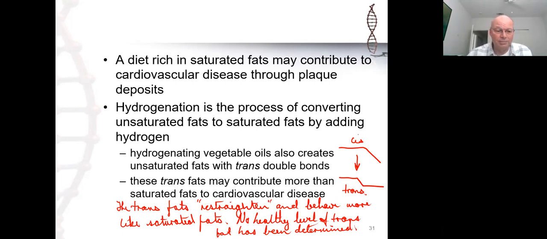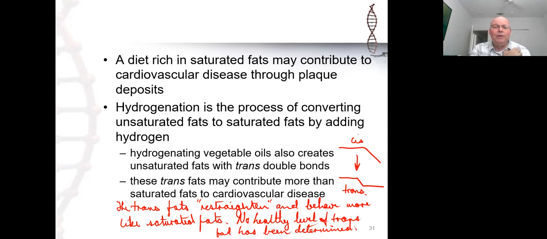You look on the ingredients label, because they cannot disguise the fact that there are modified fats present. You look for the term partially hydrogenated. If you see a partially hydrogenated fat as one of the ingredients, and they are required to list the ingredients, and they are required to list the presence of partially hydrogenated fats, then you know that there are going to be trans fats there, because the act of hydrogenating or partially hydrogenating the fat is going to produce trans fats. You cannot avoid that, and the trans fats will be there.